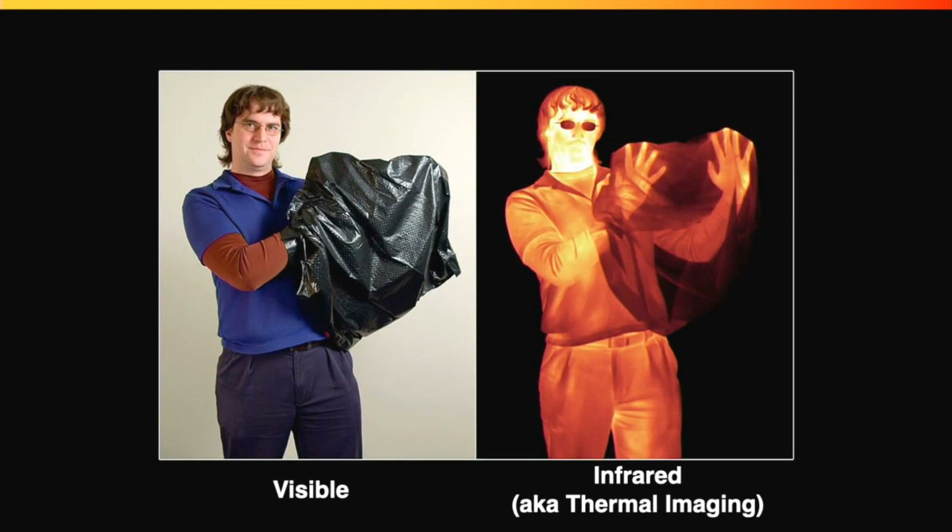And you can see in the thermal camera, to your surprise, that you can actually clearly see this person's arms and hands and fingers as though the trash bag is transparent. So infrared wavelengths have the ability to see through things that visible can't see through.